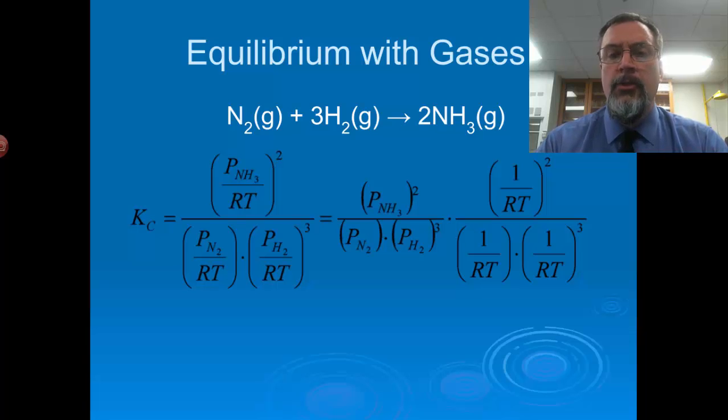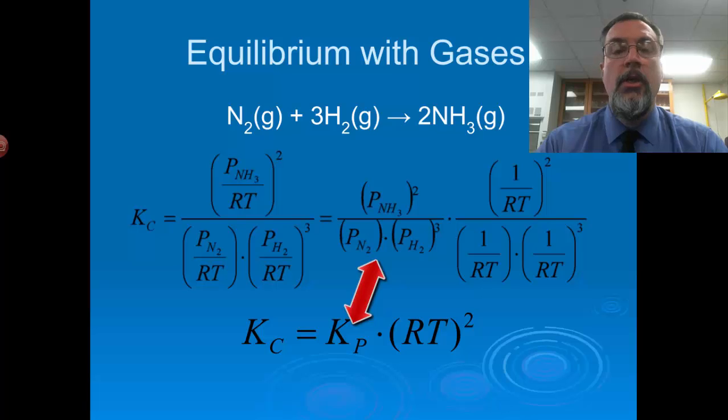And if I do a little bit of algebra on that, Kc now can be represented by Kp. Kp is the equilibrium constant using pressures. It's the partial pressure of NH3 squared over partial pressure of N2 times partial pressure of H2 cubed, times, with a little bit of algebra, RT squared.